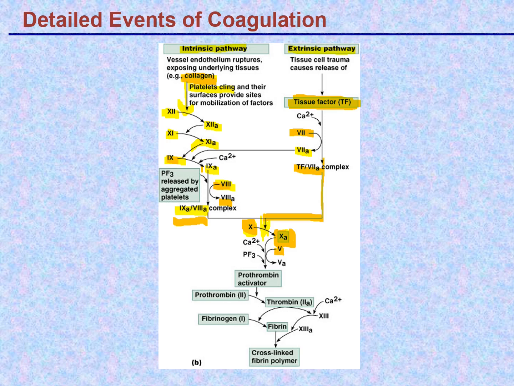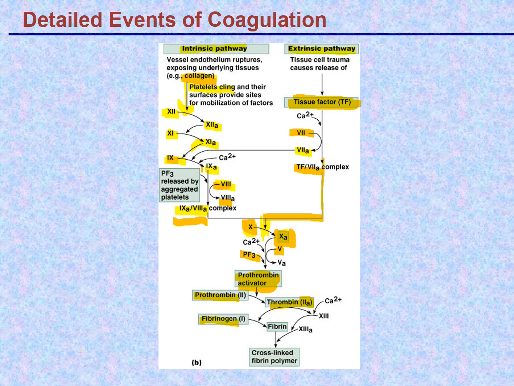Then you get 5 activated, and with platelet factor 3 you get prothrombin activator. Prothrombin activator activates prothrombin to form thrombin. Thrombin is active, and thrombin will activate fibrinogen.